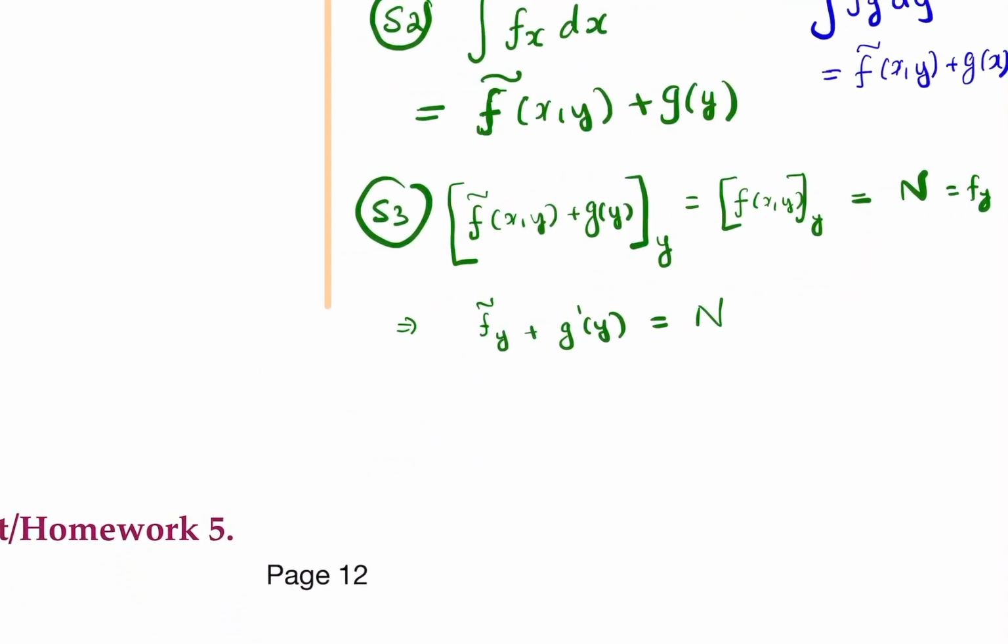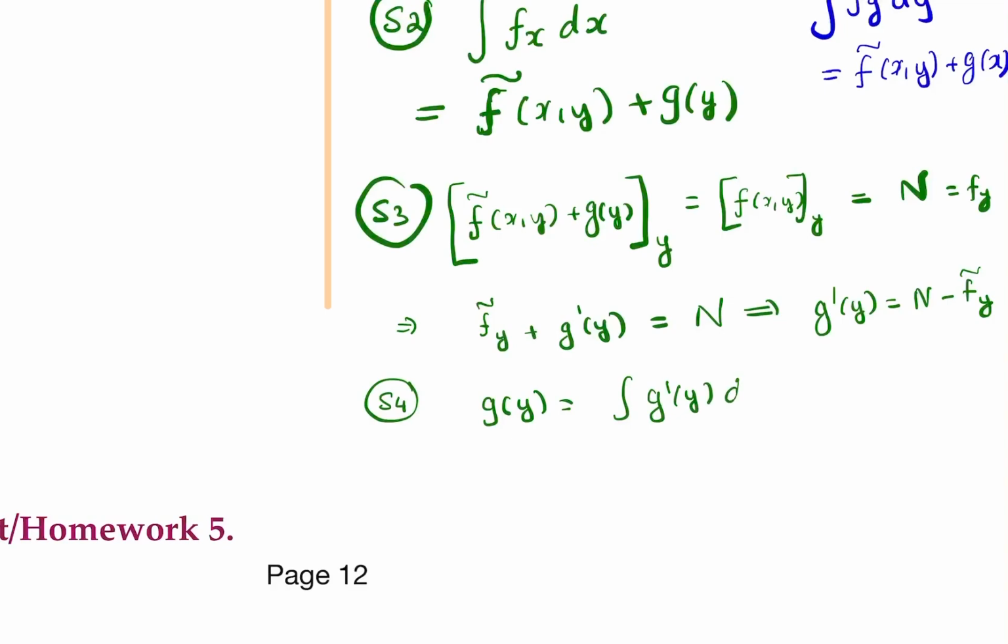So the next step is to solve for g prime. Here is going to give you g prime of y, which is going to be n minus f tilde of y. And then you find the g. G of y is equal to the integral of g prime of y dy. That's going to give you a g, and that might have an arbitrary constant because g is a single variable function.